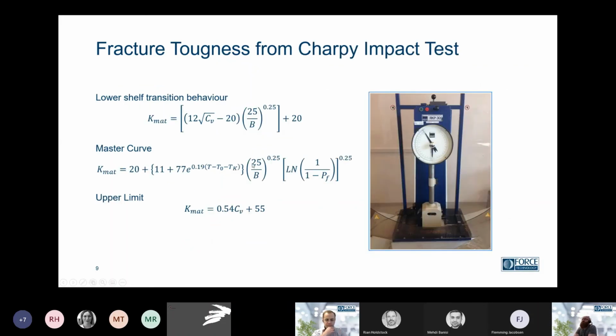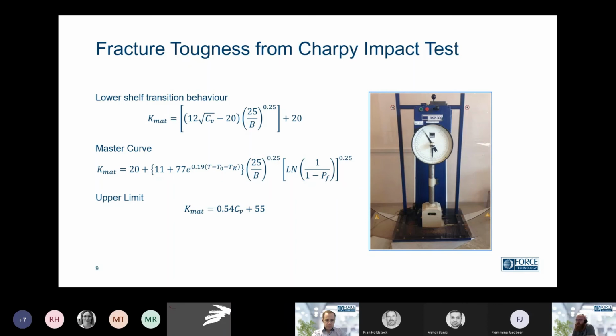An alternative to the fracture toughness test is that you can estimate the fracture toughness from a Charpy impact test. This gives a conservative estimate of the fracture toughness, but if fracture toughness data is not available, or it's not feasible to make fracture toughness tests, you can estimate a fracture toughness from impact tests. It is conservative, but you could say that it's better than nothing.